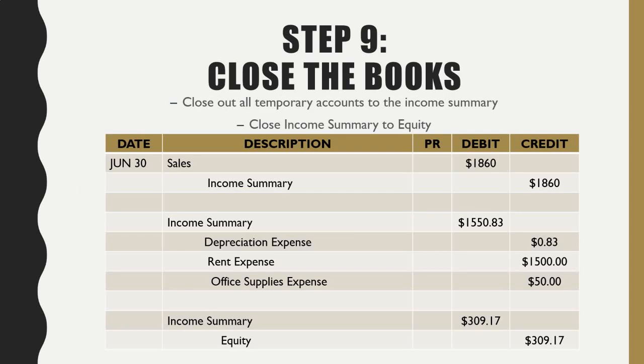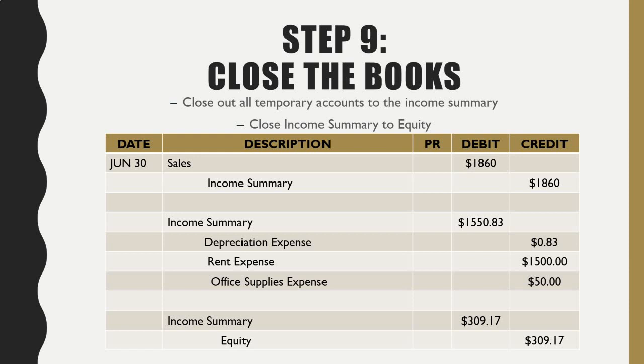Then once you've done that, you take your income summary and close that out to your equity. If you have a debit balance in your income summary, then you're going to credit the income summary and debit the equity. That means you have a loss at that point.